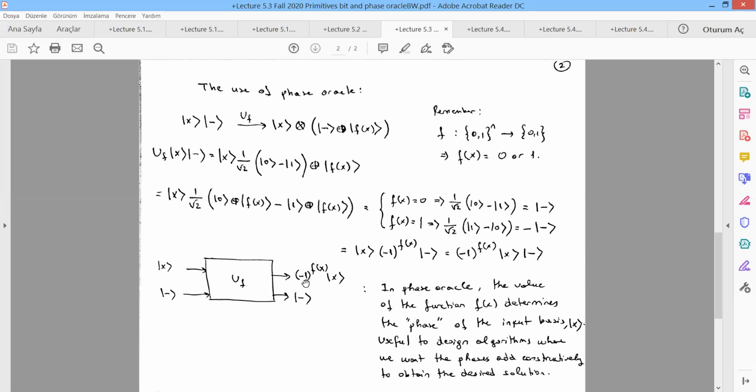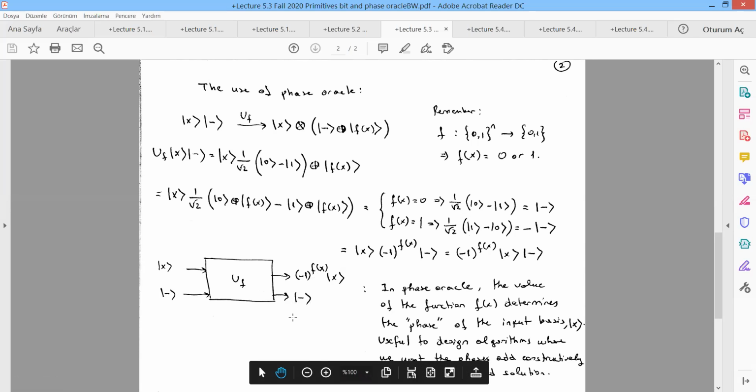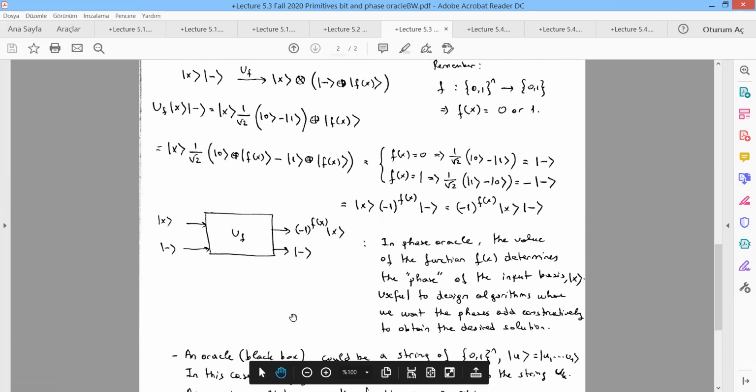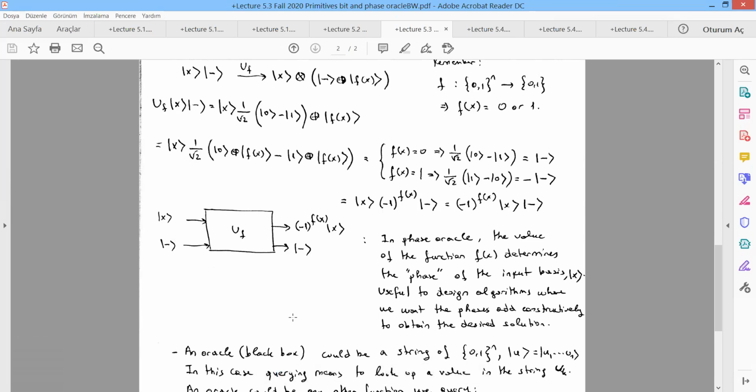In the output, we computed (−1)^f(x) |x⟩, and the ancilla bit remains |−⟩. So in this kind of representation in the phase oracle, the value of the function f(x) determines the phase in the output of the input basis. It determines how the phase of |x⟩ is transformed as a result of this unitary transformation.